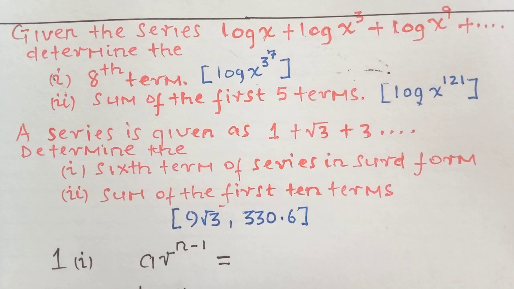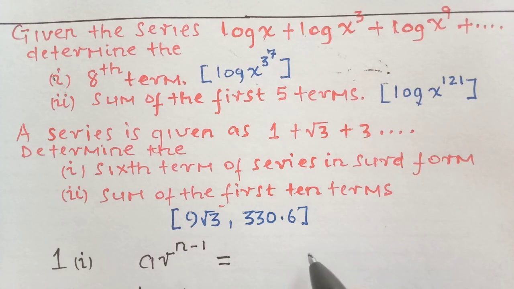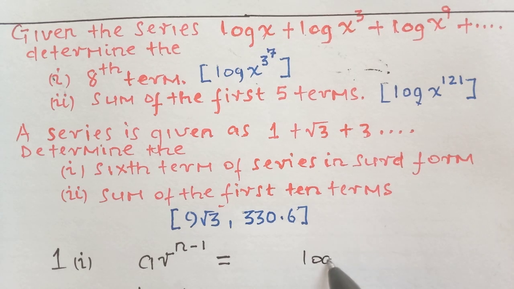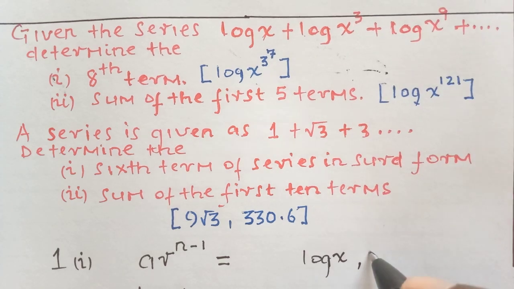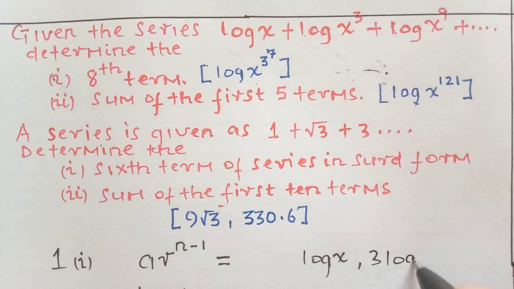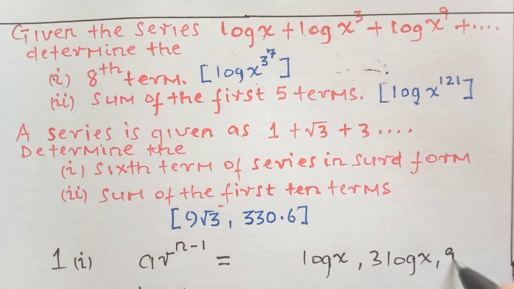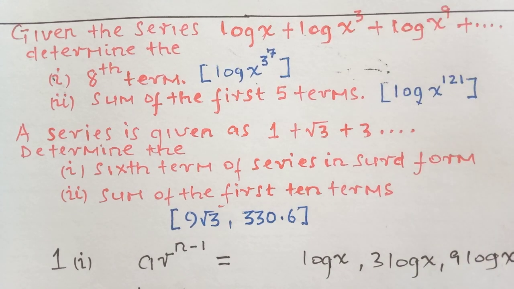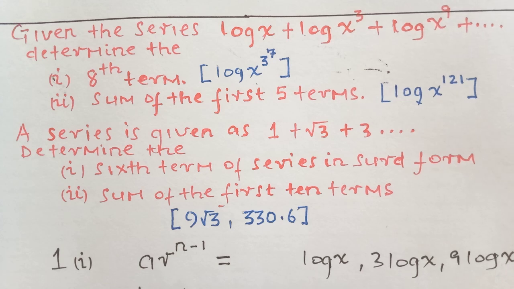Before we go to the ratio, let's note that this one you can also write as log x, this as 3 log x, and this other one as 9 log x. And so guys, if we divide those, our common ratio is going to be 3. So our common ratio here is 3.